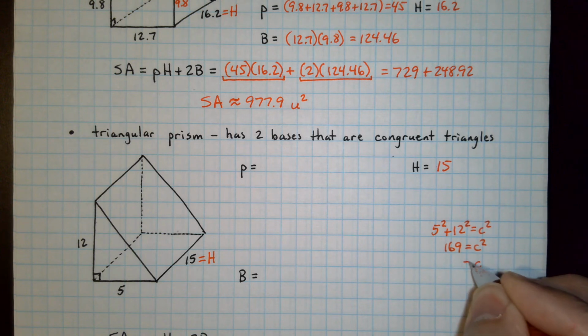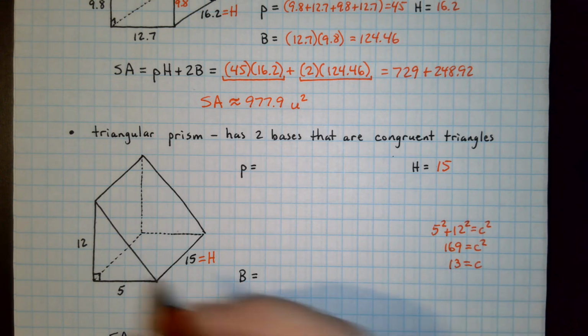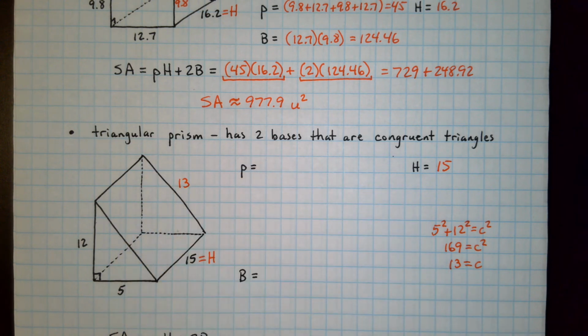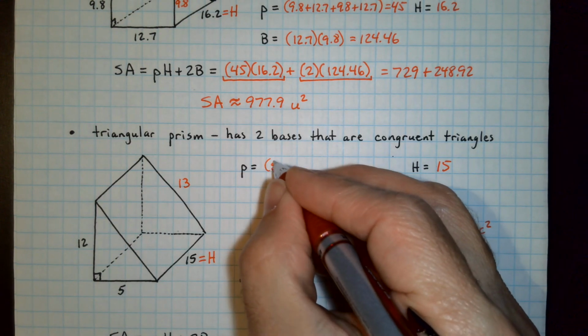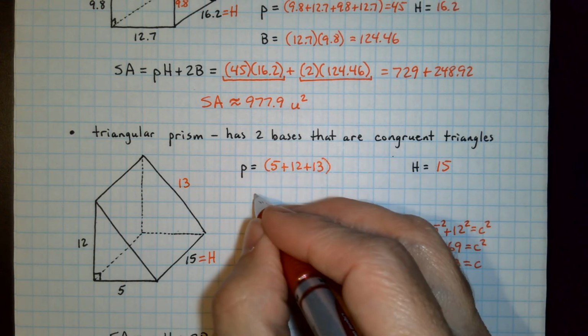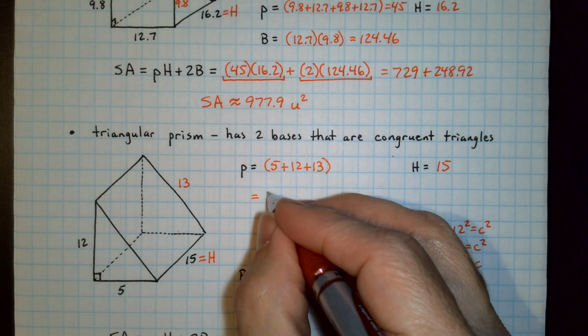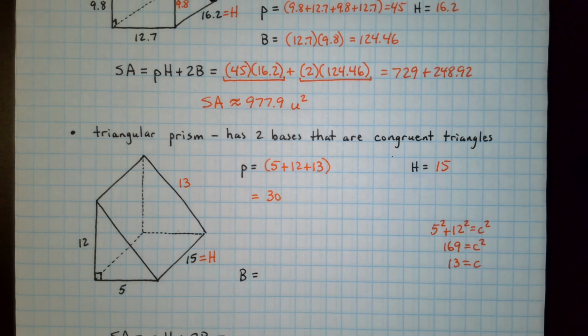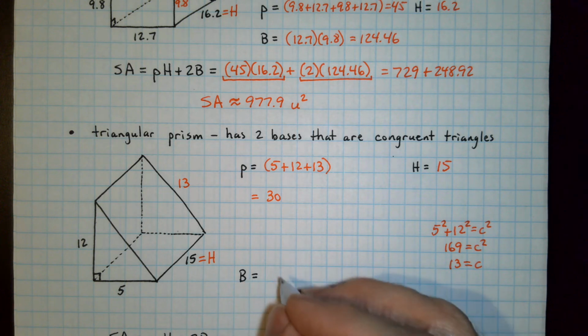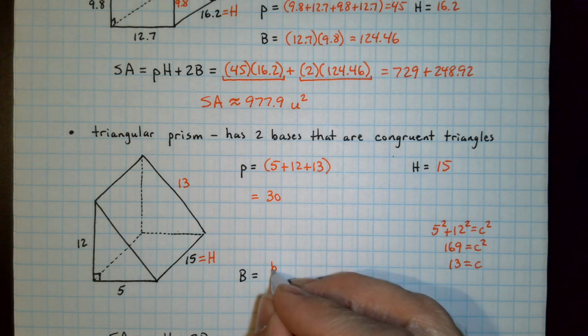And we take the square root of both sides, we get 13. So this side, which of course is the same here, is 13. So the perimeter is 5 plus 12 plus 13. That gives us 30.